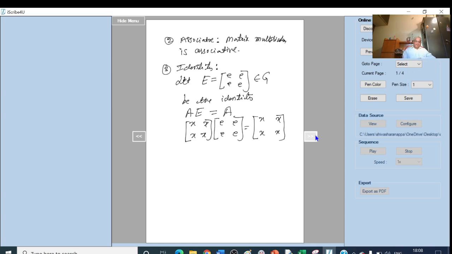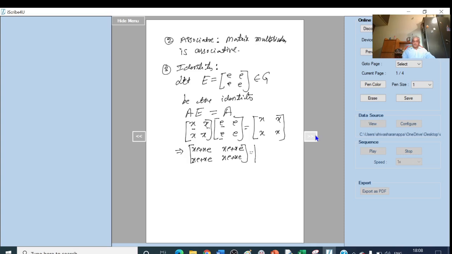AE equal to A. If you take the multiplication on the left hand side, first row, first column, x into E plus x into E, that is xe plus xe. First row, second column, xe plus xe. Second row, first column, xe plus xe. Second row, second column, xe plus xe.